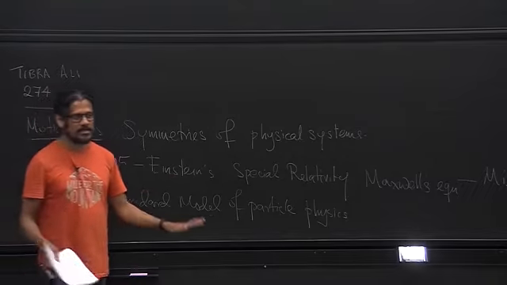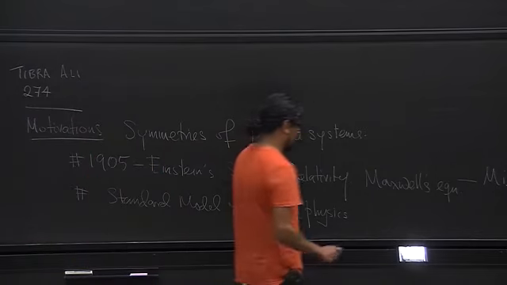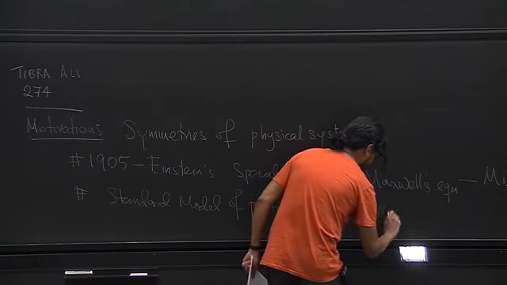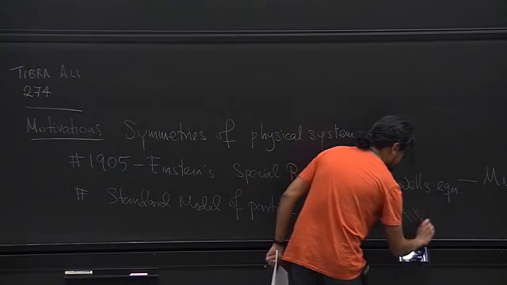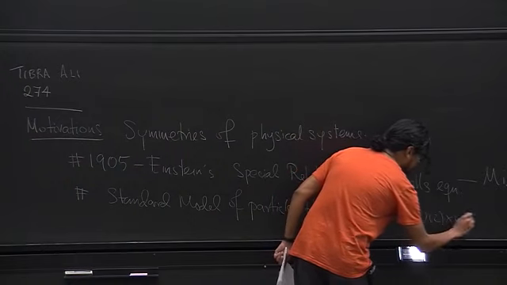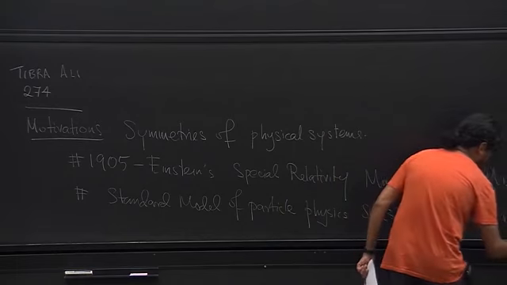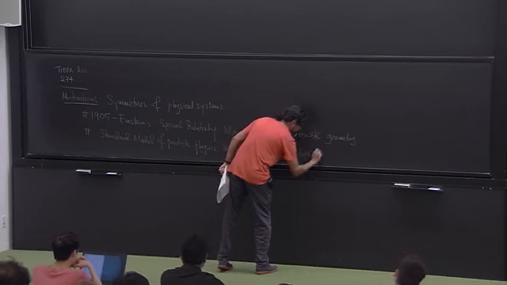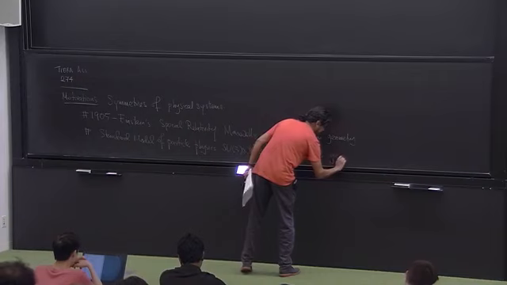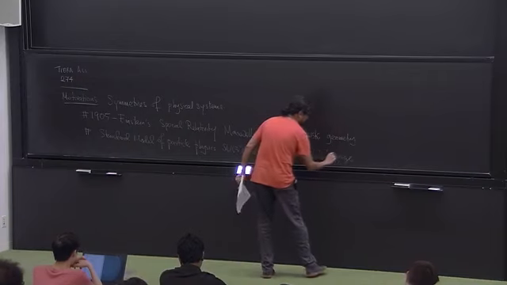Salam, Glashow, and Weinberg proposed the symmetry group to be SU(3) cross SU(2) cross U(1). This is an internal symmetry group, and it's a gauge symmetry, something you'll learn about in QFT.